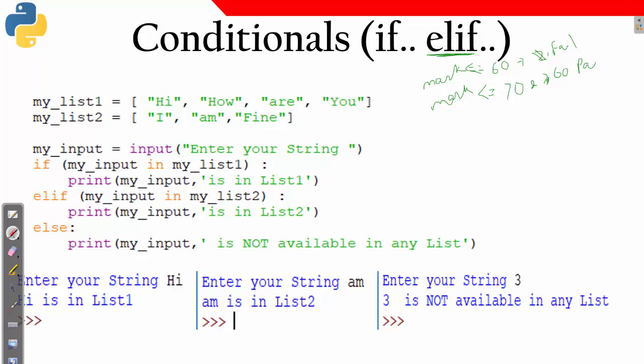Or rather I'll write it something like this: if mark is less than 60, fail, and if mark is greater than or equal to 60, then pass. Try to write this program, sirs, a small program.